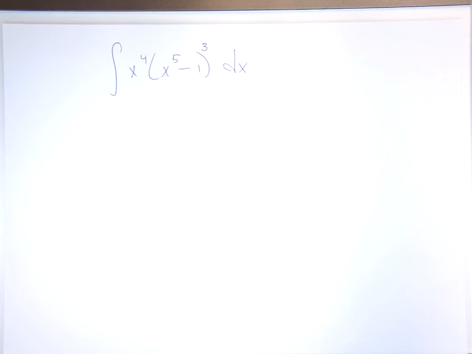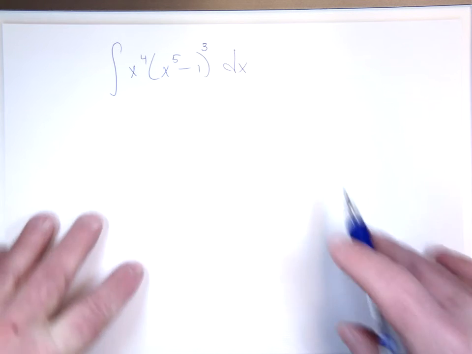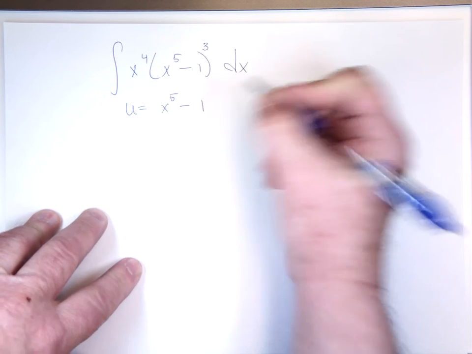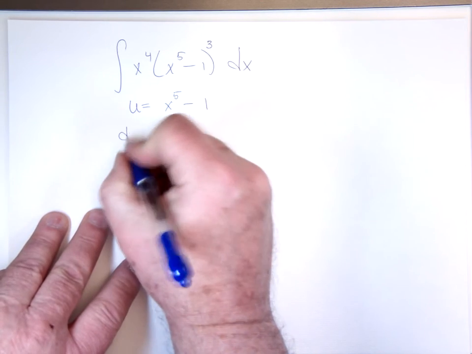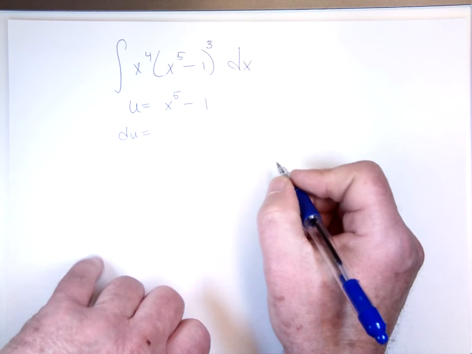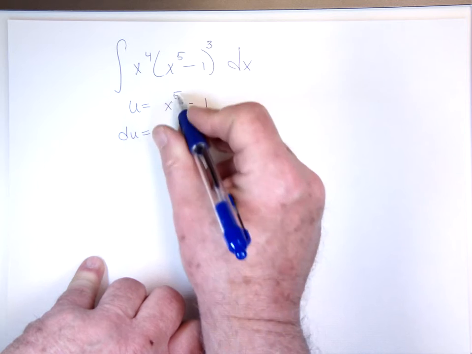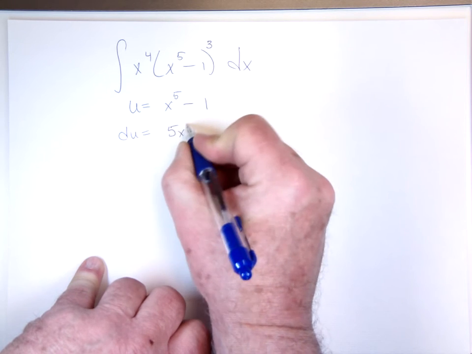What you could also do is recognize this is a u to the n form. If you let u equal x to the 5th minus 1, what's du equal to? That derivative is 5x to the 4th dx.